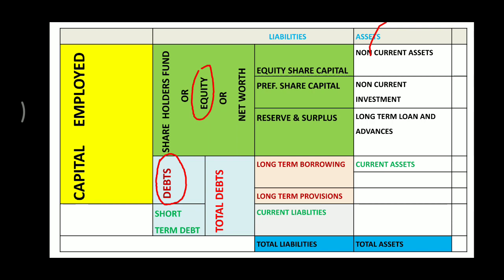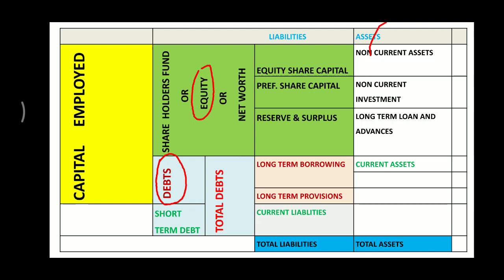So on the liability side, we have equity share capital, preference share capital, reserve and surplus, long-term borrowing, long-term provision, then current liabilities. And when we total equity share capital plus preference share capital plus reserve and surplus plus long-term borrowing plus long-term provisions plus current liabilities, it is known as total liabilities.